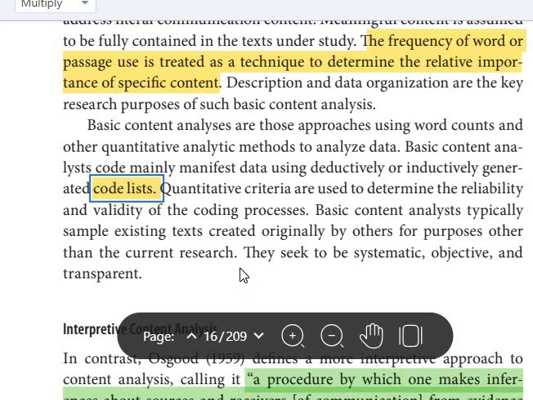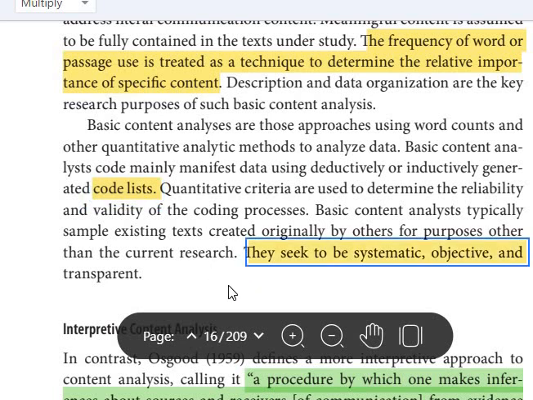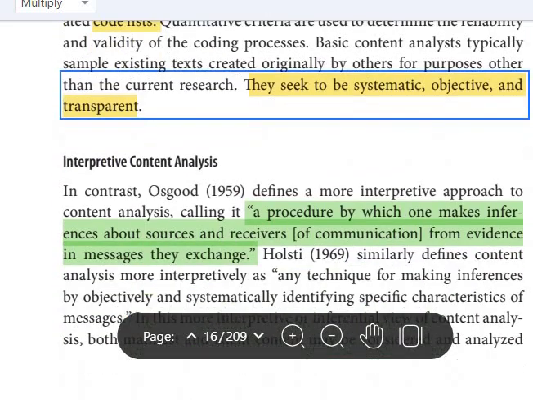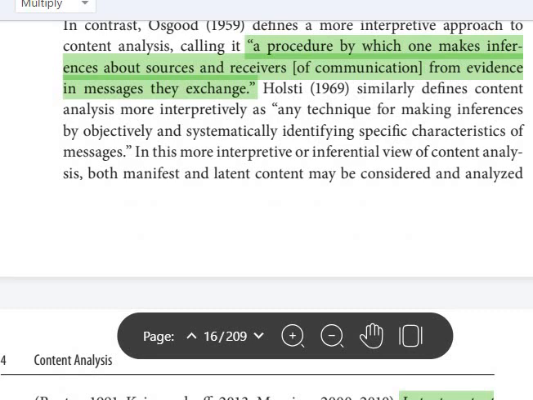Here it says at the end, in basic content analysis, your research must be systematic, descriptive, and transparent. And this is so important. Let's go to the second approach here, just a main idea. Here, Osgood defines a more interpretive approach to content analysis, that is the interpretive, okay?